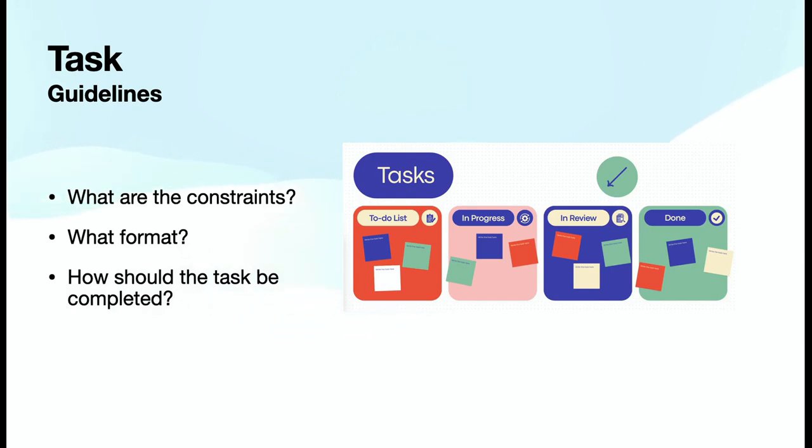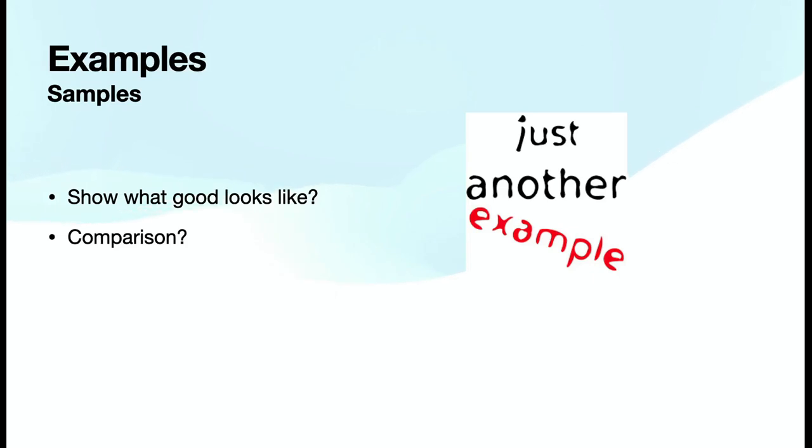And then the last is E, for examples. So what good looks like. What exactly is going to be good for you when it comes to this prompt that you're asking and what you want to get back from AI? Comparison. So a sample is something that you might be looking for.